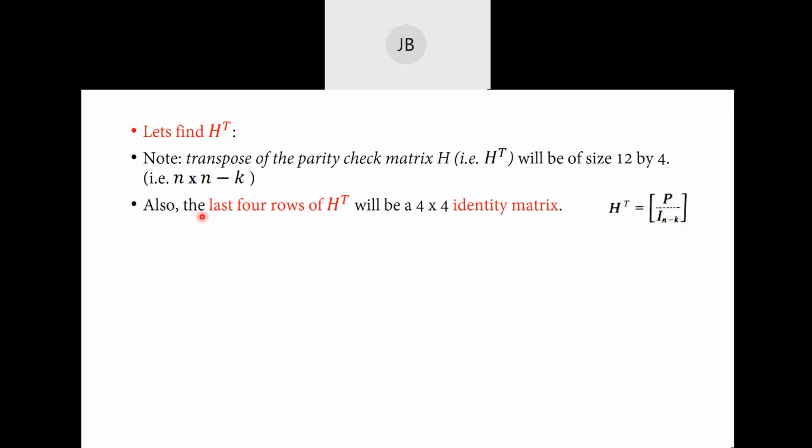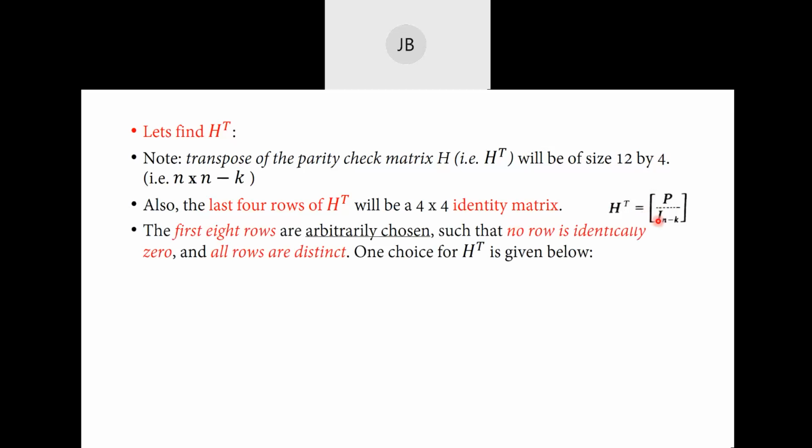In that case, the last 4 rows here will be identity matrix. So it has 12 rows here altogether, but last 4 rows will be the identity matrix. Yes, and then so we get an idea how to write this matrix.